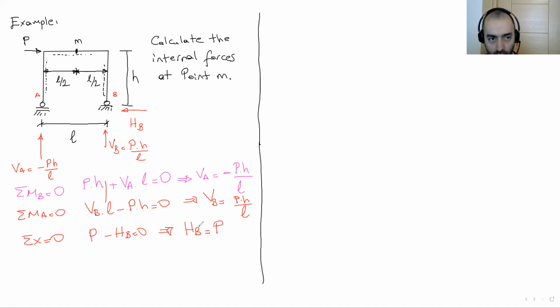Now, to calculate the internal forces at point M, we are going to cut the system from point M. After you cut the system, you can use the left-hand side or the right-hand side.